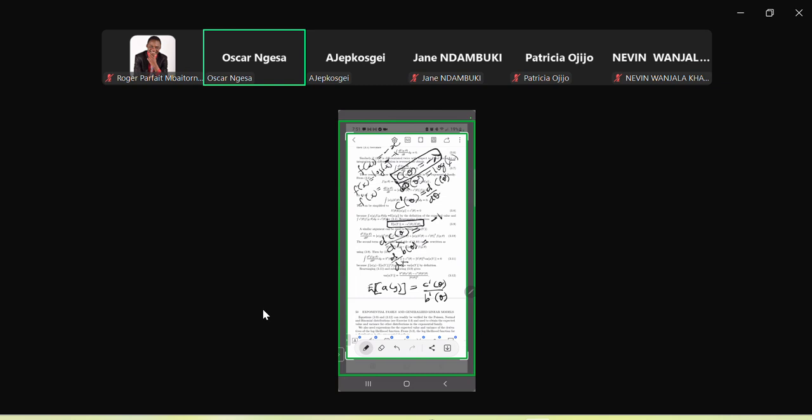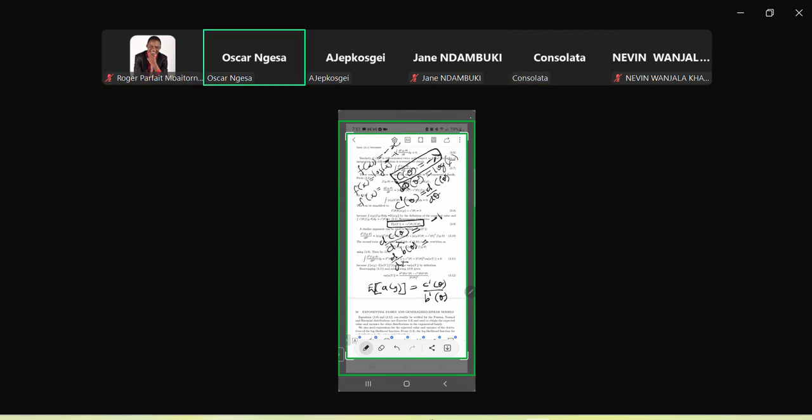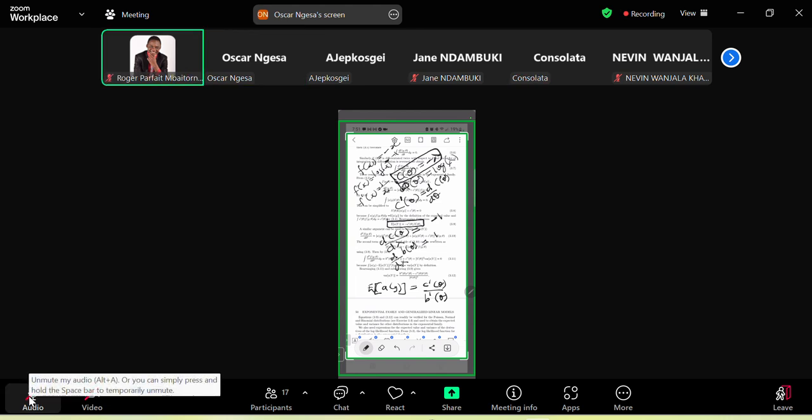It is 1 over x. So the derivative of log lambda is 1 over lambda.